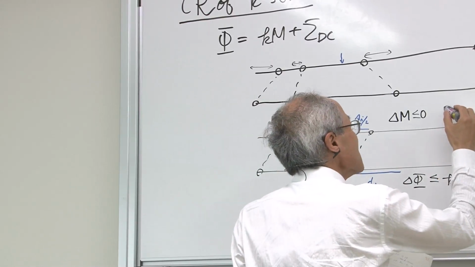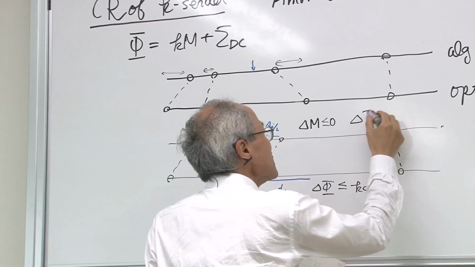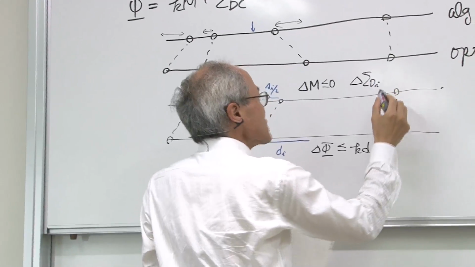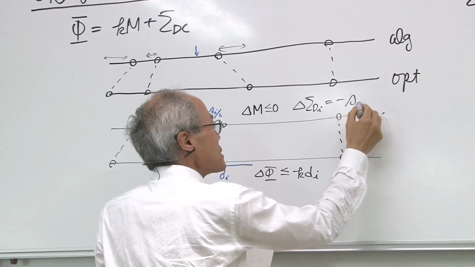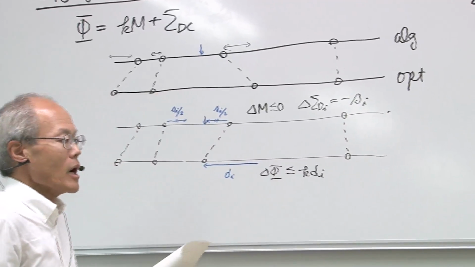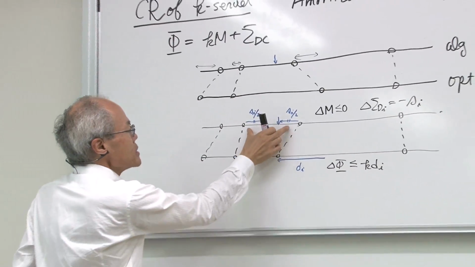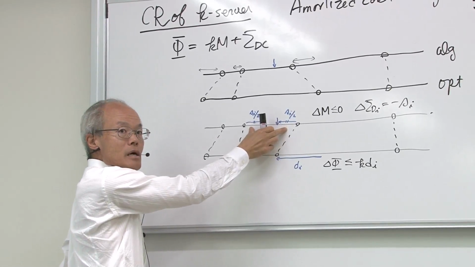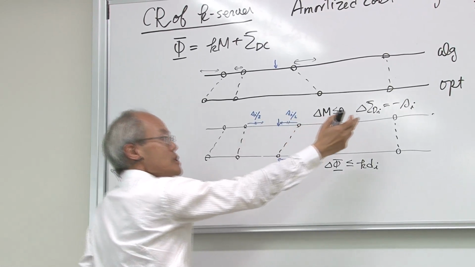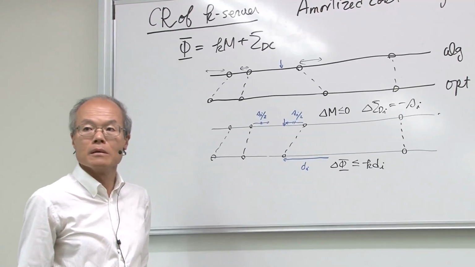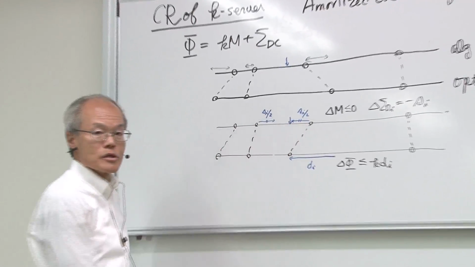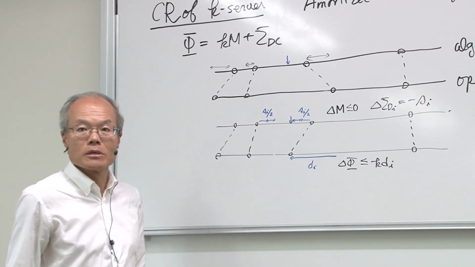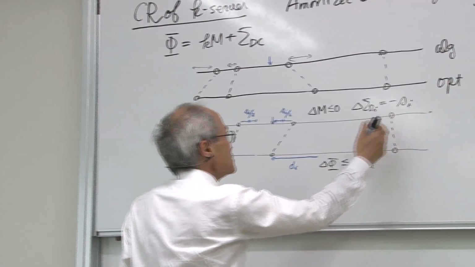And what is delta sigma d? This is exactly equal to minus d_i. Why? Because this pair just shrinks, so it decreases by this value.